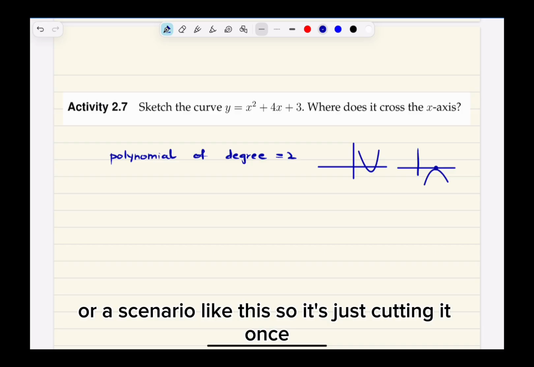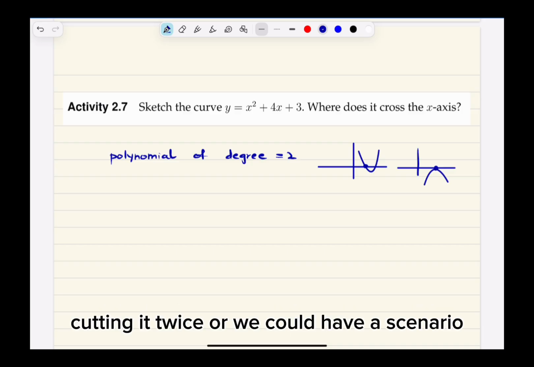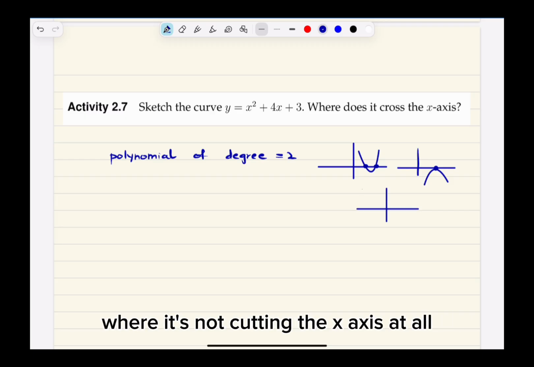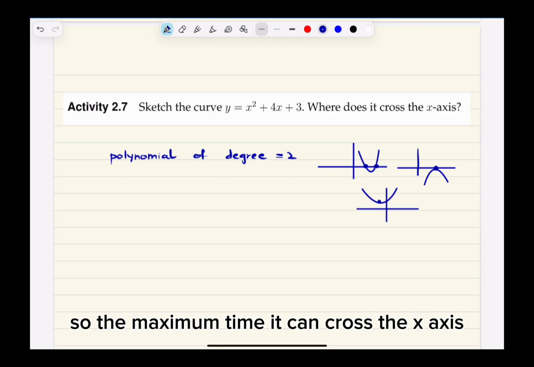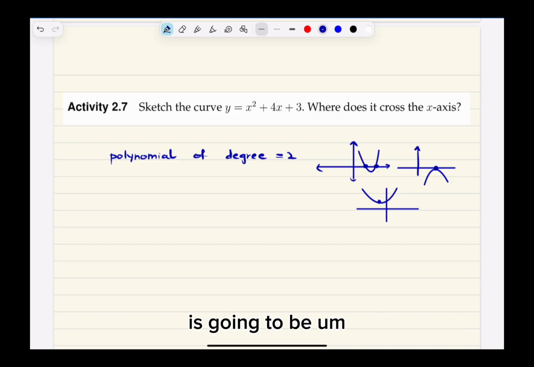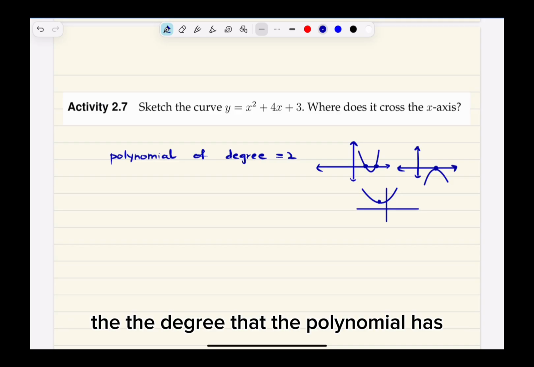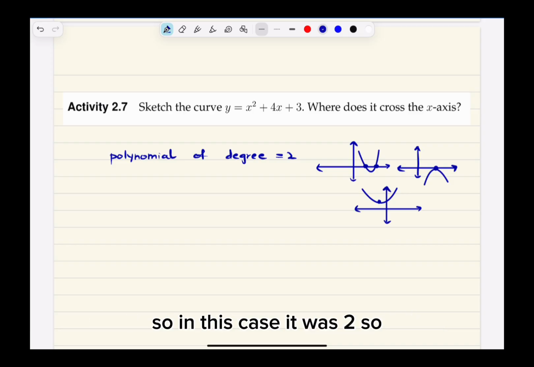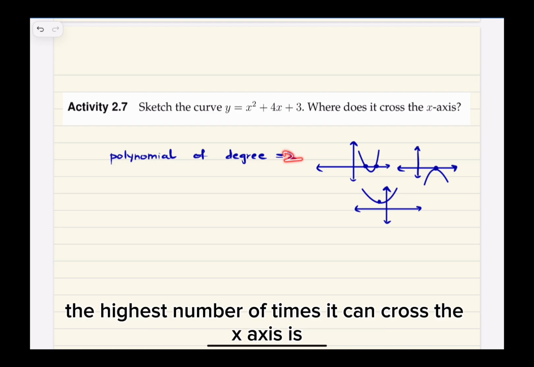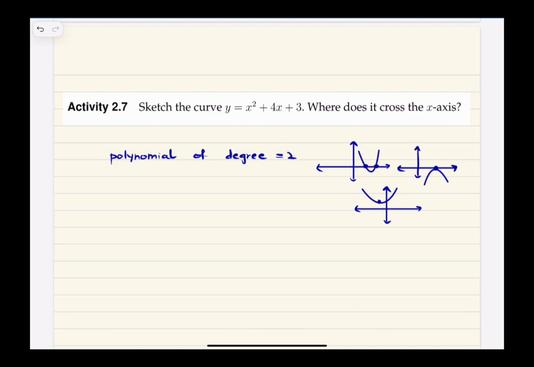It's cutting it once, cutting it twice, or we could have a scenario where it's not cutting the x-axis at all. So the maximum number of times it can cross the x-axis is the degree of the polynomial. In this case it was 2, so the highest number of times it can cross the x-axis is 2 times.